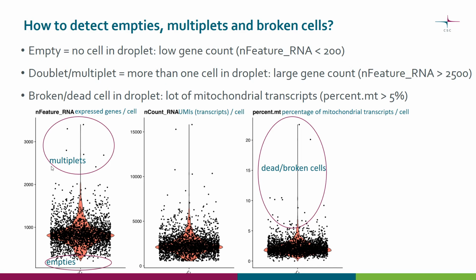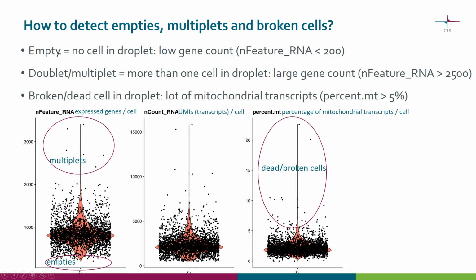So now let's look at these plots. The whole point here is that we are checking the quality of the cells. Remember that in this kind of droplet-based single cell system, we want one cell in one droplet, and that one cell should be a healthy, happy cell.